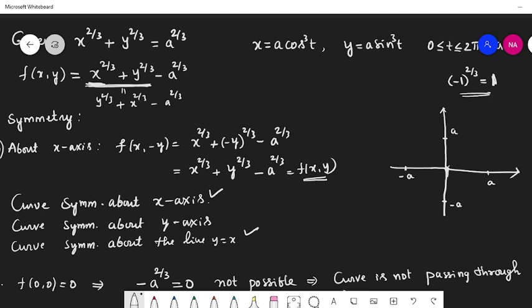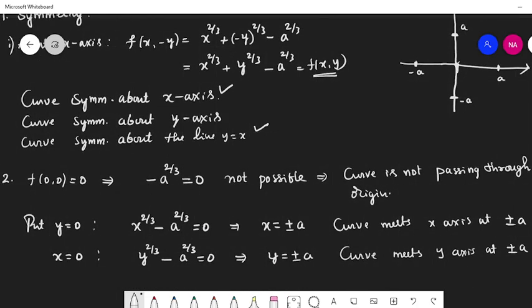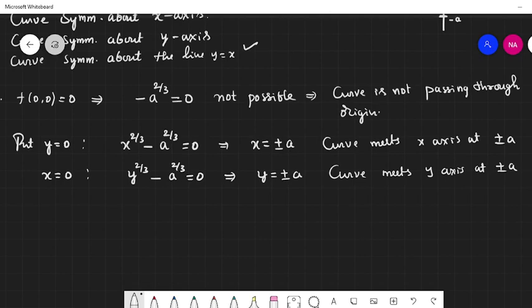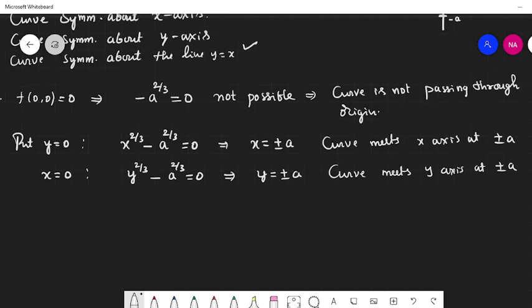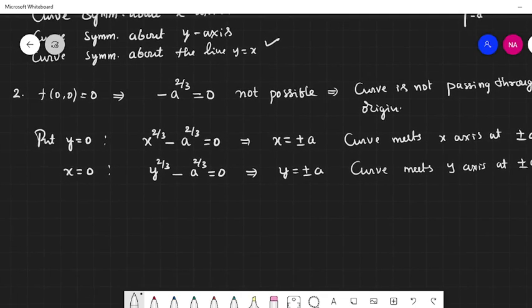The curve is going to meet the x-axis at these 2 points, minus a and plus a, and again the curve is going to meet the y-axis at these 2 points. Okay, now the points of intersection are over. Then asymptotes.